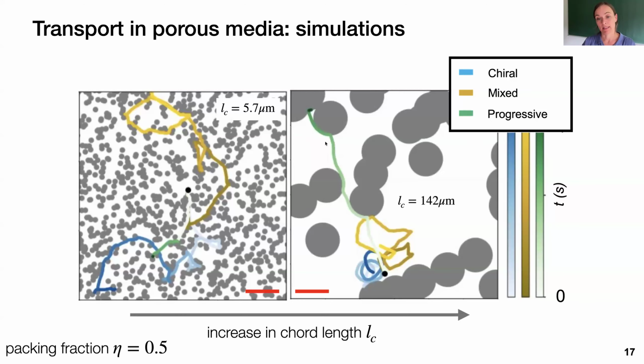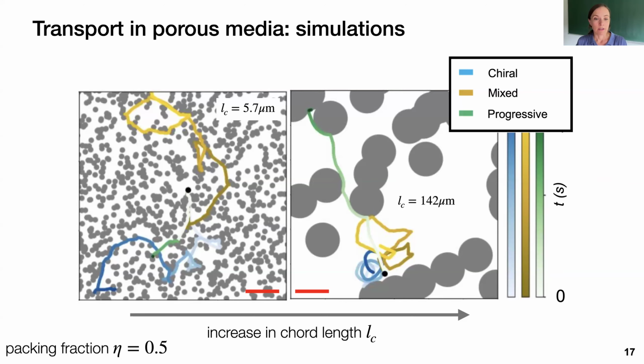And so the displacement is relatively large, while the circular swimming one is very localized, and the mixed one lies somewhere in between. Now, if we increase the number of obstacles, we effectively increase the number of corners in this medium. And so what we typically see is that progressive or straight swimming sperm very quickly end up in a dead end pore of this environment, while the mixed phase actually is the phase that can explore the environment most.